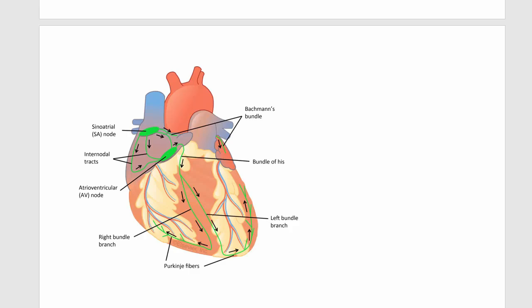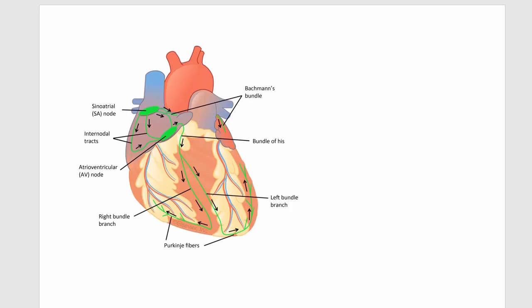It delays the transmission of the impulses slightly to allow for the atria to finish contracting before then the ventricles contract. After this, it passes through to the bundle of His. So these electrical impulses travel down the bundle of His, and it's called that because it's basically a bundle of specialized fibers, and these extend from the AV node into the interventricular septum.